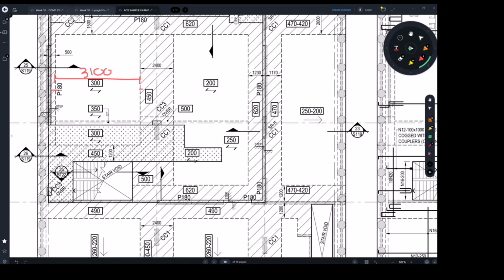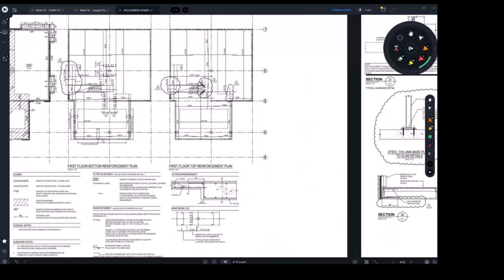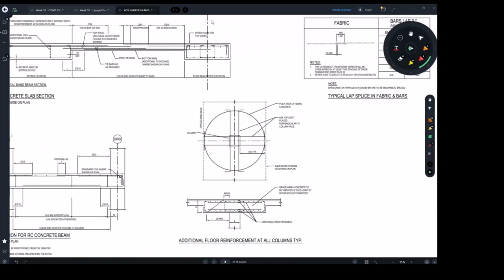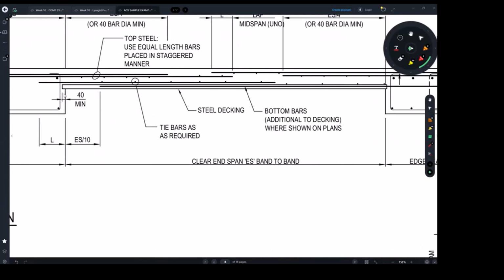You remember when we looked at this section? Yes, this is our bonding. I'm zooming in to it, sorry. This is our bonding, and we're going to have 40 mil this side and 40 mil the other side. Now, someone will ask, didn't we say 50? For bonding, I think the documents or the suppliers will accept it for band beams. When you want to support the bonding on the edge of a band beam, we will be able to go only 40 millimeters because we need to allow for the ligatures.